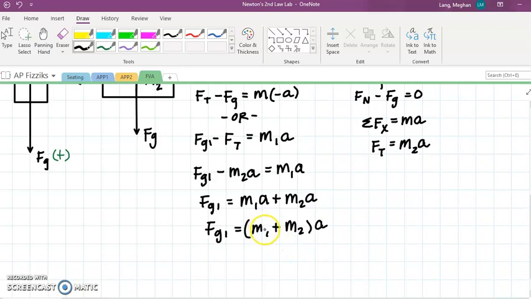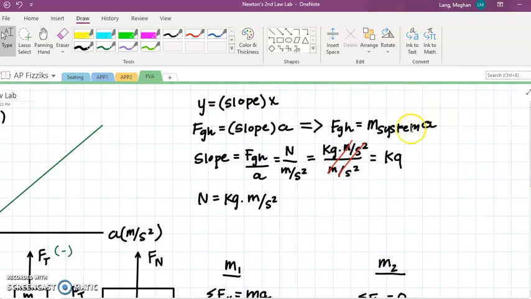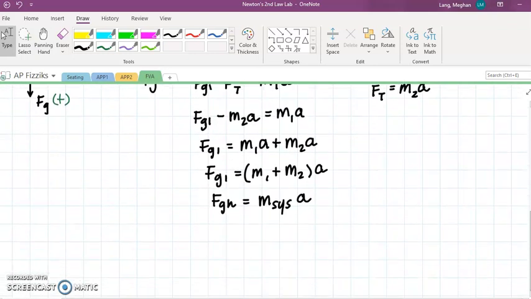And M1 plus M2 would be the system mass. It would be the mass of the glider plus the mass of the hanger. So this right here is saying that FG hanger is equal to the mass of the system times acceleration, which matches our equation up here for our graph, okay? So that's what you graphed. You graphed both of those equations combined together, okay?